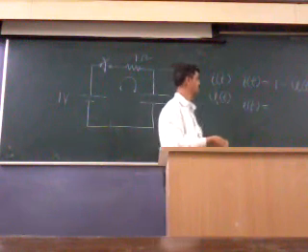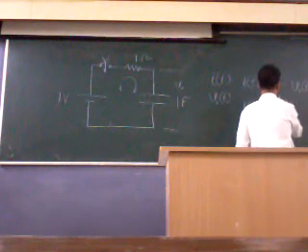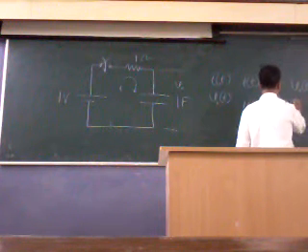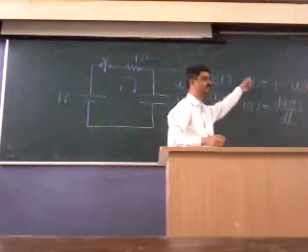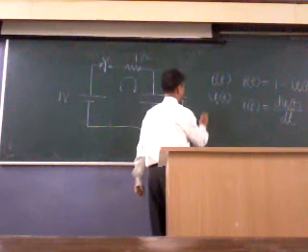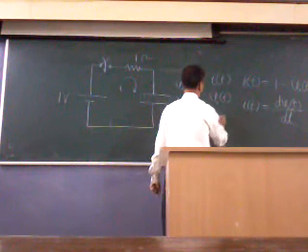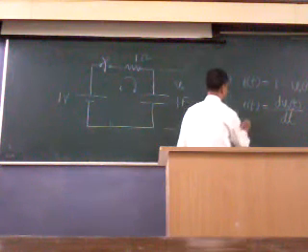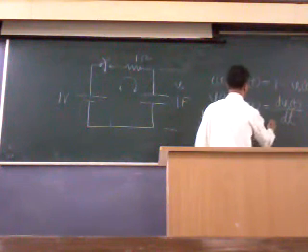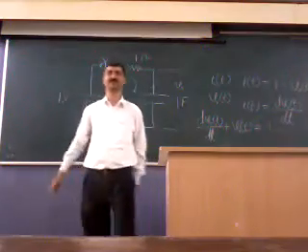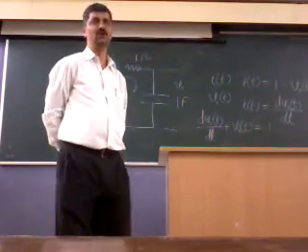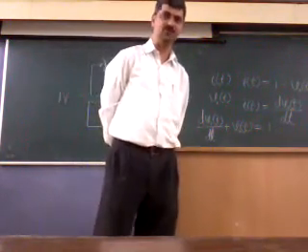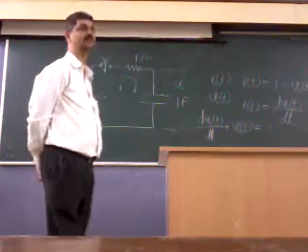Since the capacitor is 1, it is dVo(t) upon dt. So we can get rid of that term. So what we get: dVo(t) upon dt plus Vo(t) is equal to 1.